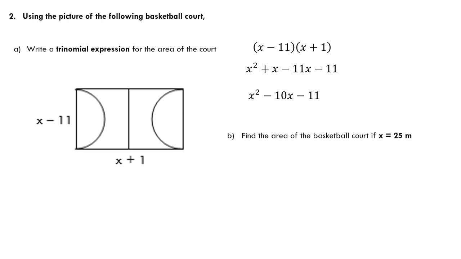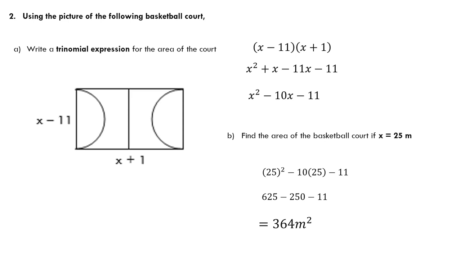Now we're told that x has a value of 25, so now we want to know the area. We simply take this 25, we plug it into our equation, and that will give us the actual numeric area. So 25 squared minus 10 times 25 minus 11 simplifies to 625 minus 250 minus 11, which further simplifies to 364.